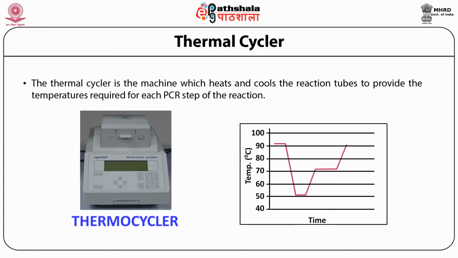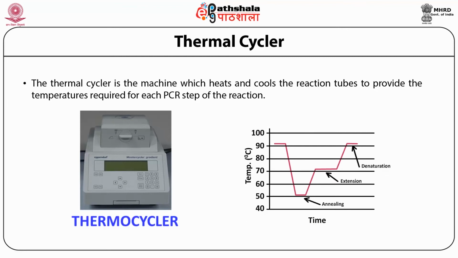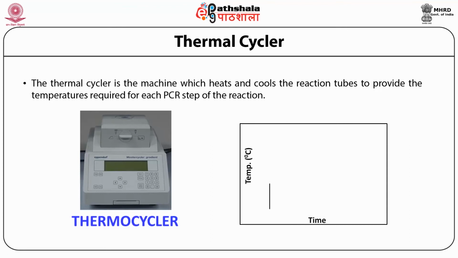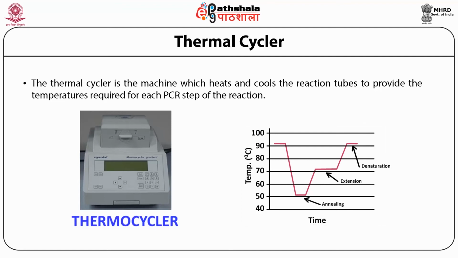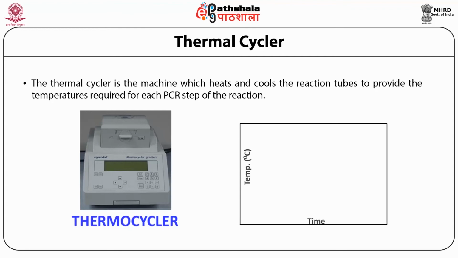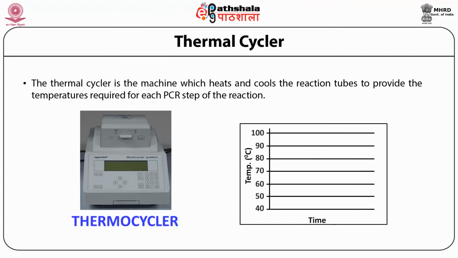Several thermal cyclers are equipped with multiple blocks, allowing several different PCR reactions to be carried out simultaneously. Some models also have a gradient function to allow for different temperatures in different parts of the block.